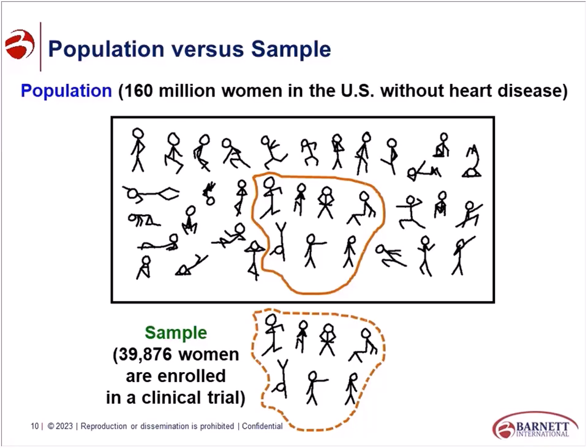We can't study all 160 million women in a clinical trial. So this clinical trial took a sample of 39,876. That's a very large number of women in the study, but it's still a sample. Relative to 160 million, 39,876 is still a very small percentage.